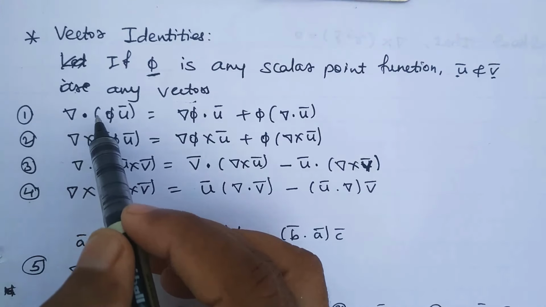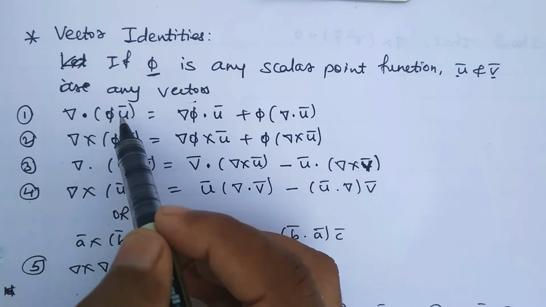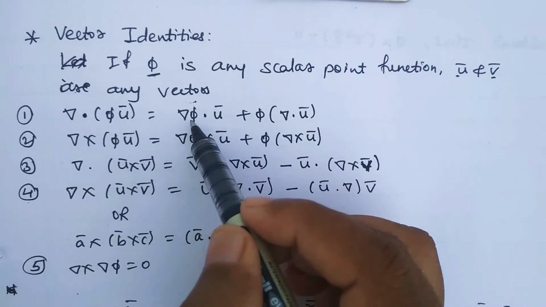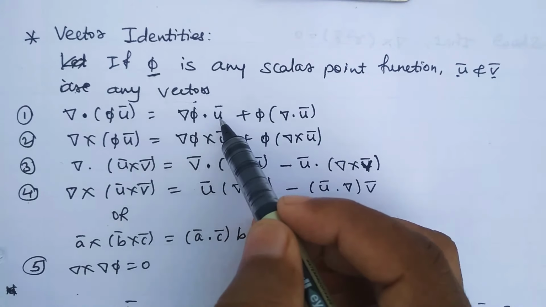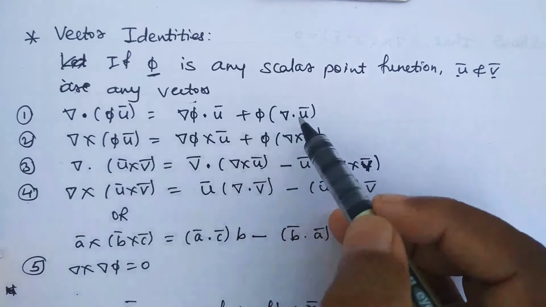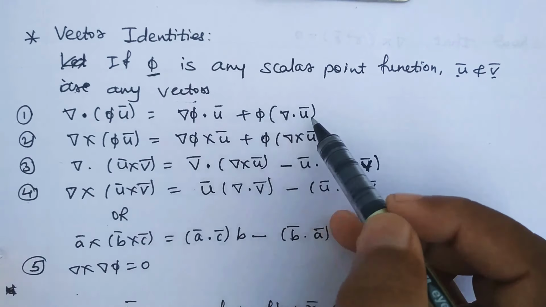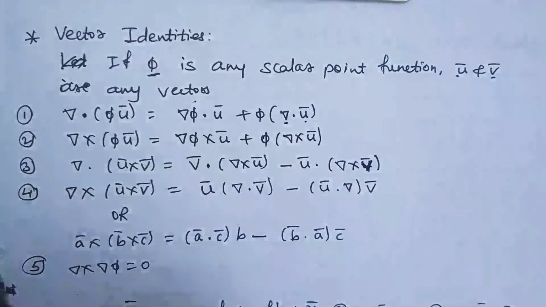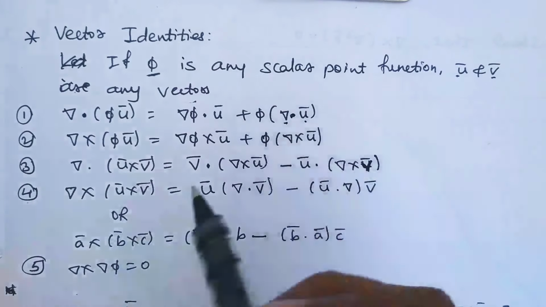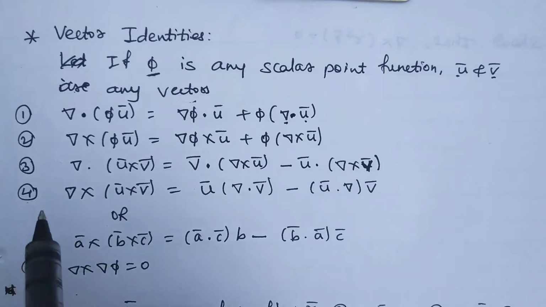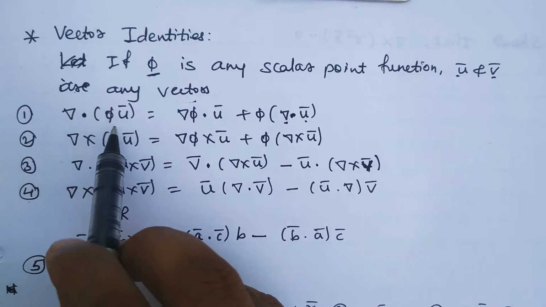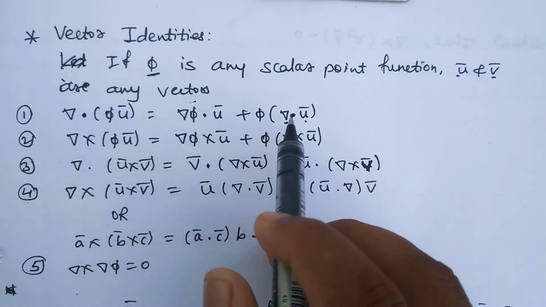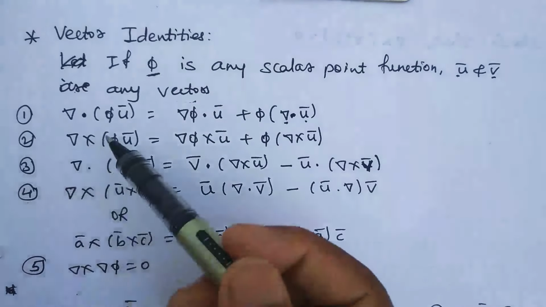So del dot phi u bar, the first identity, is equal to del phi dot u bar plus phi into bracket del dot u bar. Note that del and u bar both are vector quantities, so there is a dot between them.